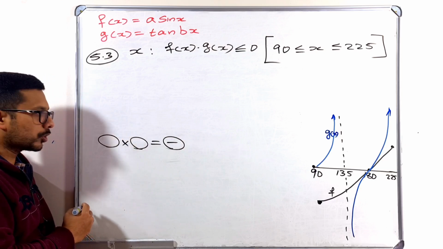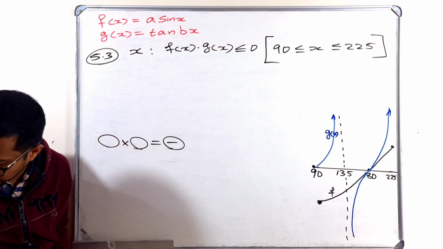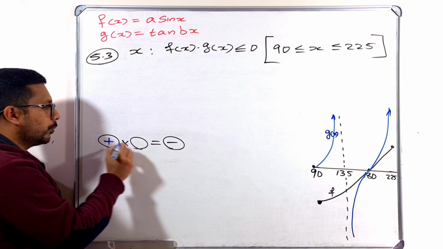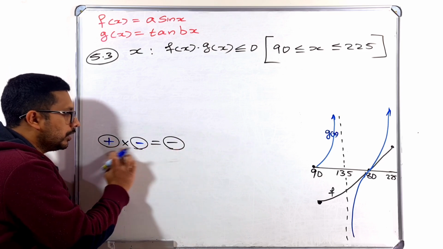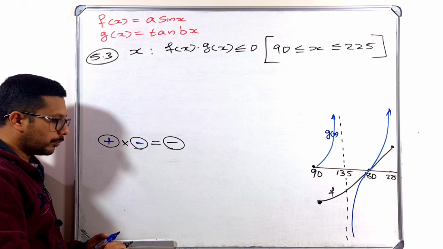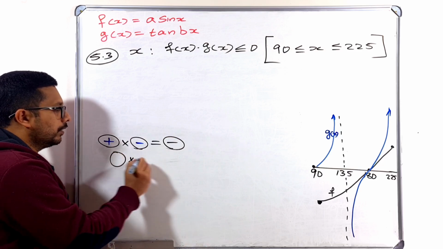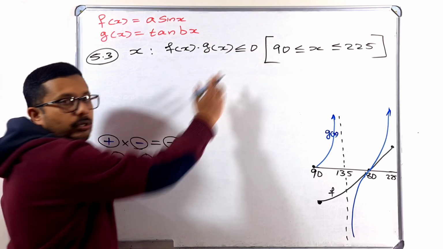So what are the possibilities? If you want to get a negative answer, either the first one is positive and the second one is negative. Then positive times negative is negative. Am I right? Or what is the other possibility?